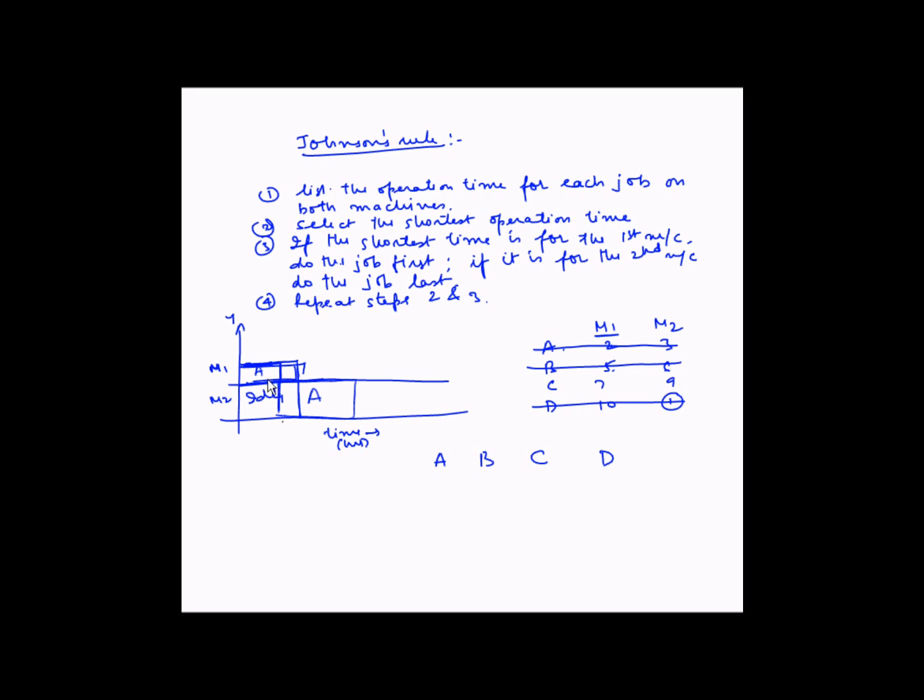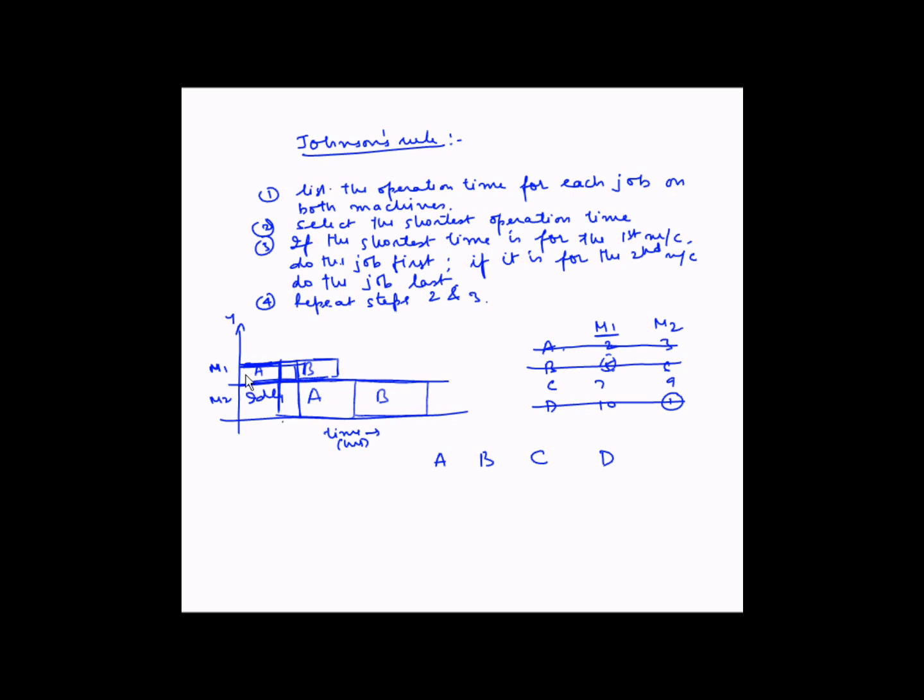Now, based on the first part of Johnson's rule, you would take the next shortest time on M1. So suppose you'll take B. After A is finished on M1, you'll start processing B here. And after A is finished on M2, then you'll start processing B on M2.